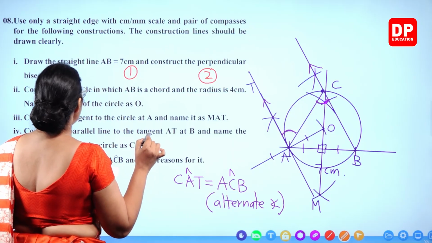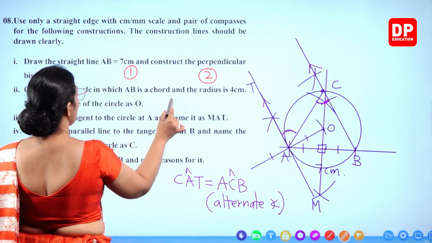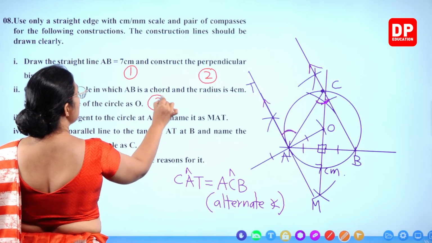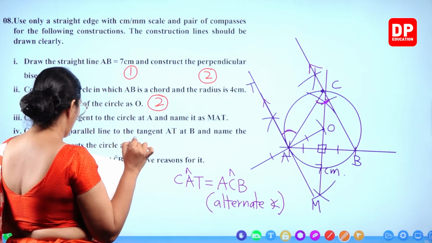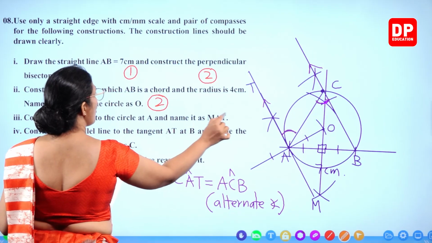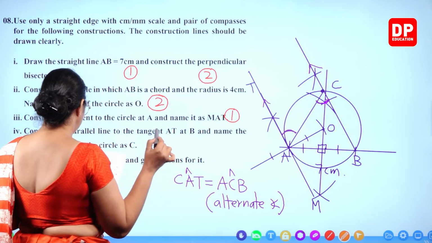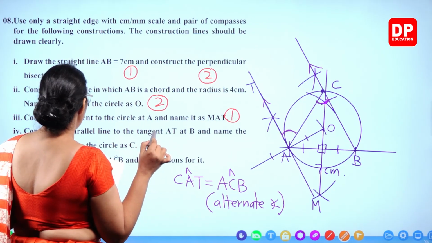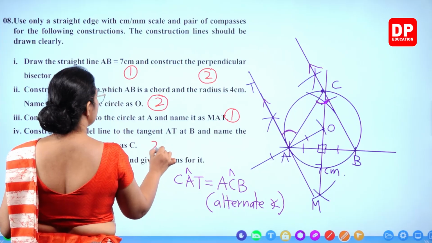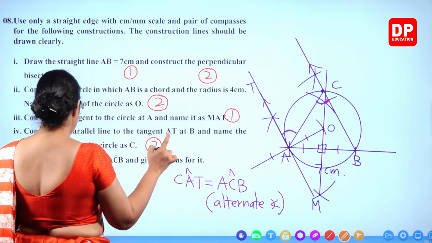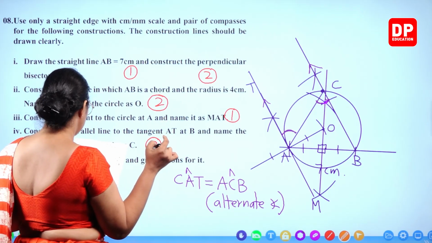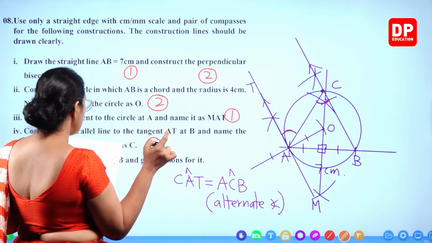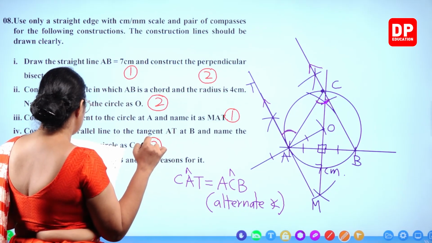Then 2 marks for drawing the circle with center O, 1 mark for drawing the tangent line, and 2 marks for drawing a parallel line, and then mark the C point. Then giving an equal angle.